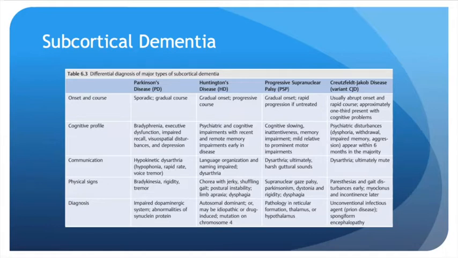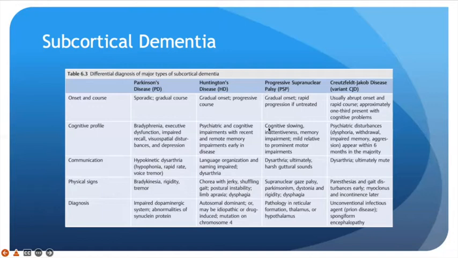In the example of Parkinson's disease, you have bradyphrenia, or slowed thinking, executive function deficits, impaired recall, so memory problems, visual spatial disturbances, and depression, so psychological issues. Huntington's disease involves psychiatric and cognitive impairments, and remote memory impairments.